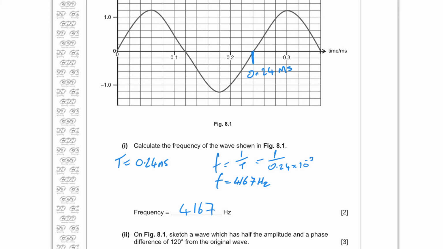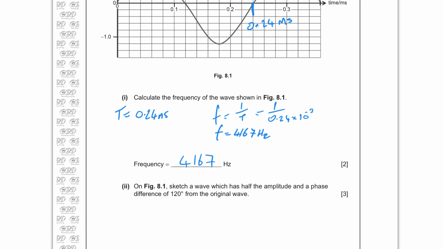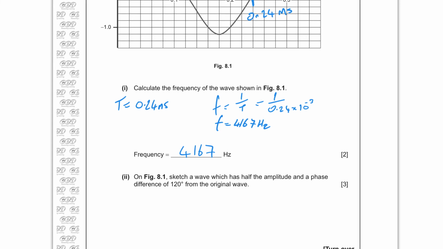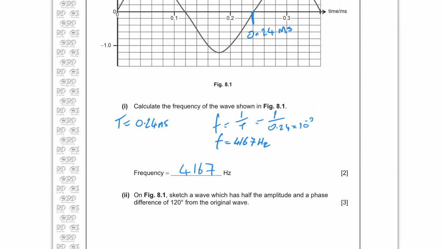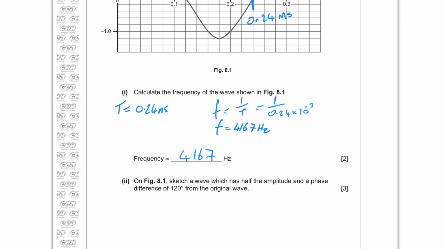So they're now asking us to sketch a wave which has half the amplitude and a phase difference of 120 degrees from the original wave. So 120 is like a third of a cycle, so 120 degrees over 360 is 1/3 of a period. So that's how much it has to be moved.